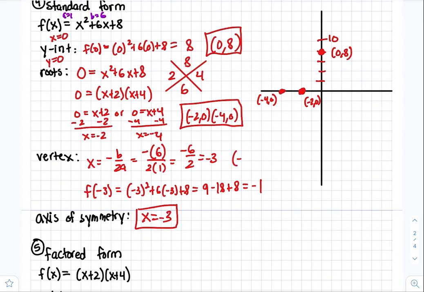So your vertex is negative 3 comma negative 1. Negative 3 comma negative 1 is right there, and there's your graph. Looks something like that. So that's standard form.